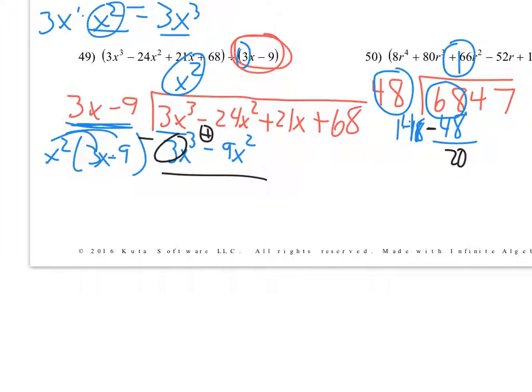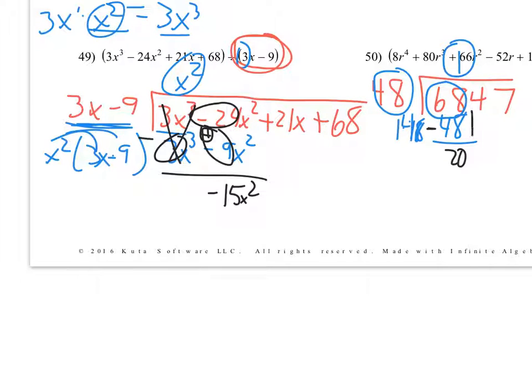And I don't change the sign physically. I put my new sign above, and then I know what my original sign was. It's easier for me when I look through, if you made a mistake and didn't get the right answer, to see what it was originally and what you changed it to. So now we subtract. Well, 3x cubed minus 3x cubed drops out, and I have negative 24x squared plus 9x squared, which is negative 15x squared. So negative 24 plus 9.